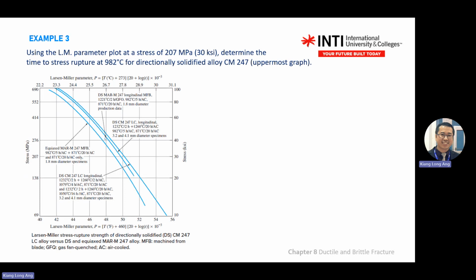The arrow points to this line. It depends on what the question asks you, so you just need to follow the arrow. In this case, the question asks you alloy CM247, which is the center line. Okay. So in this case, you use Celsius.